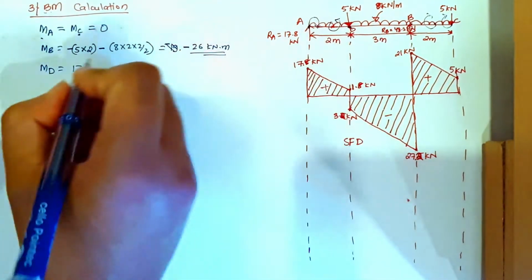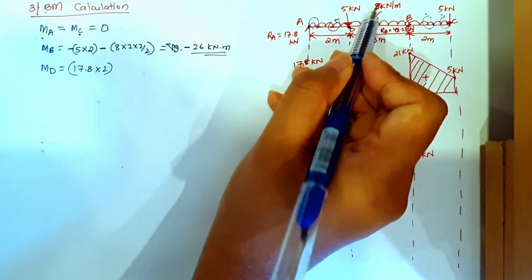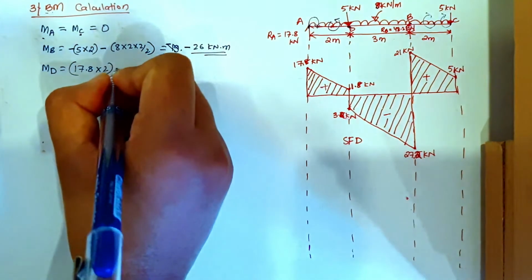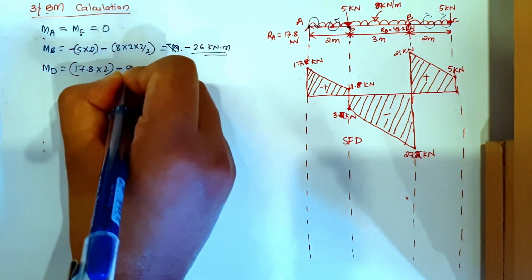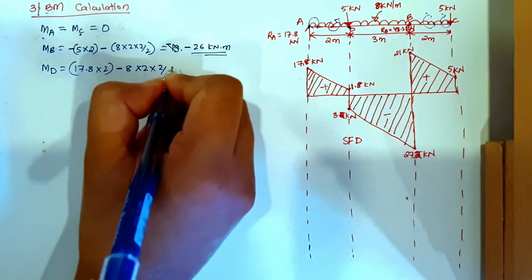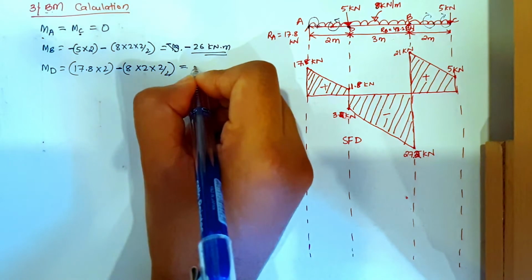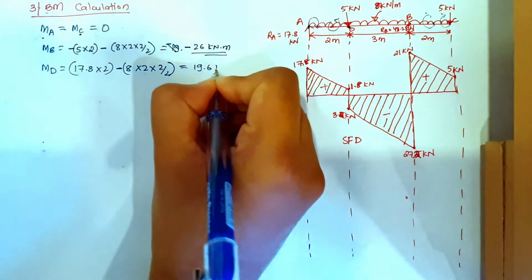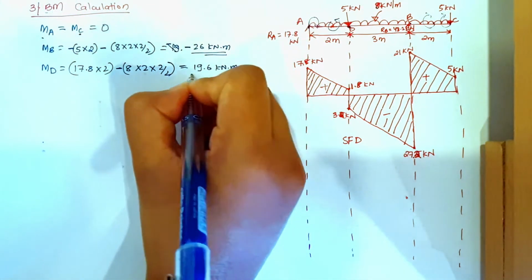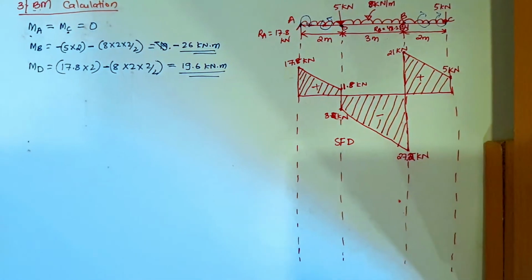The distance from A to D is 2 meter. Then UDL going in an anti-clockwise direction, so minus 8 into 2 by 2. This will be coming equal to 19.6 kilonewton meter. So now let's draw the bending moment diagram.